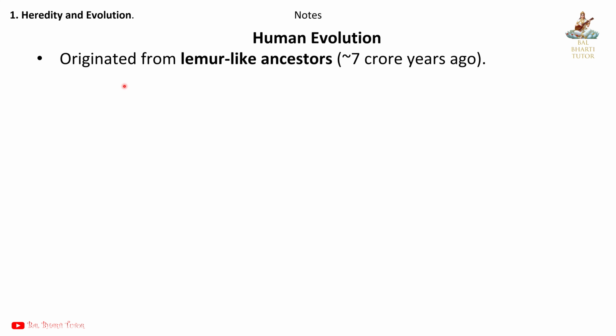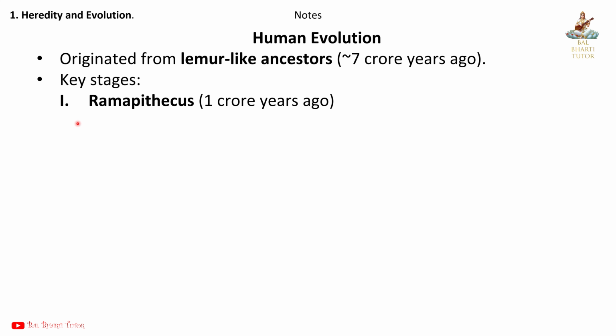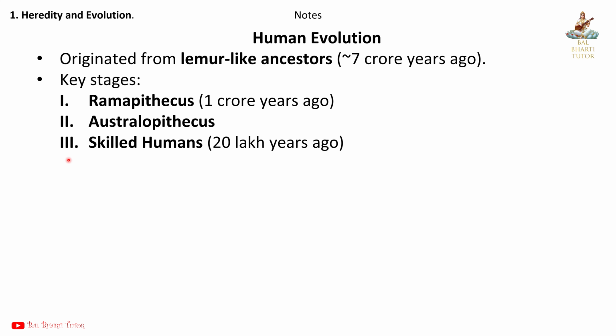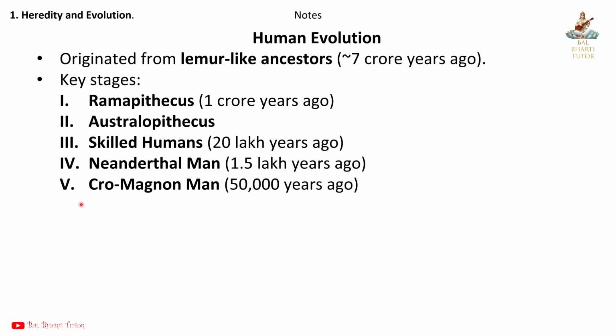Human evolution originated from lemur-like ancestors approximately 7 crore years ago. Key stages: first, Ramapithecus 1 crore years ago; second, Australopithecus; third, skilled humans 20 lakh years ago; fourth, Neanderthal man 1.5 lakh years ago; fifth, Cro-Magnon man 50,000 years ago; sixth, modern Homo sapiens.